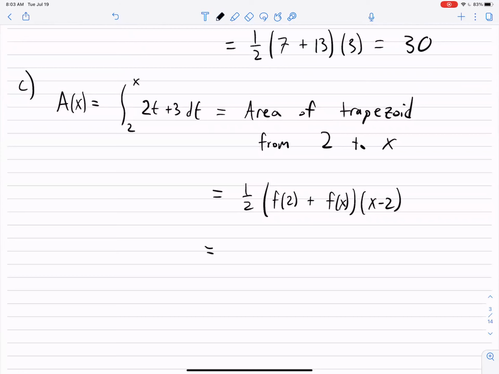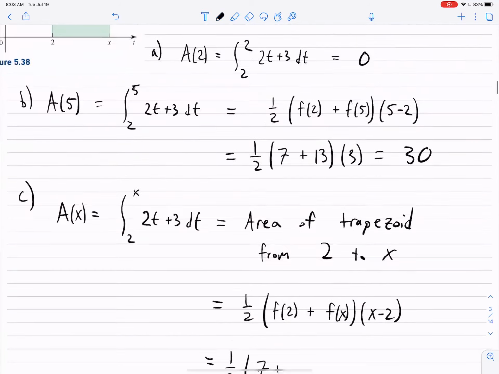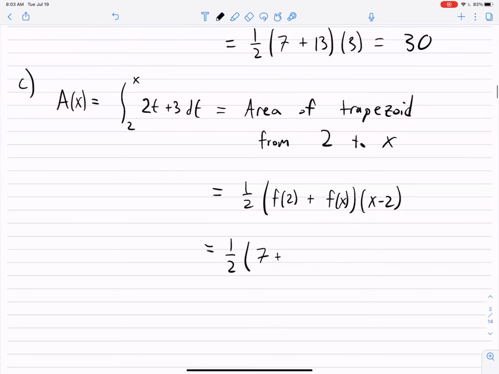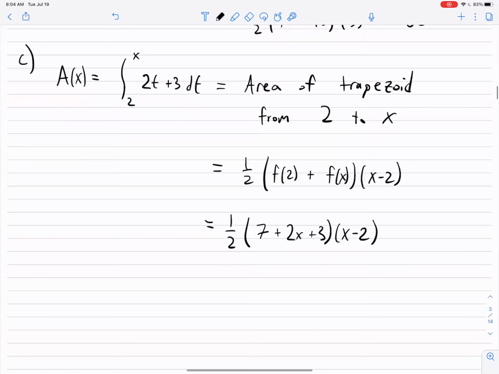And so what does that equal to? That's 1/2. Our function, if you plug in 2, is 7. Our function is 2t plus 3, and so this is going to be 2x plus 3, and then times x minus 2.